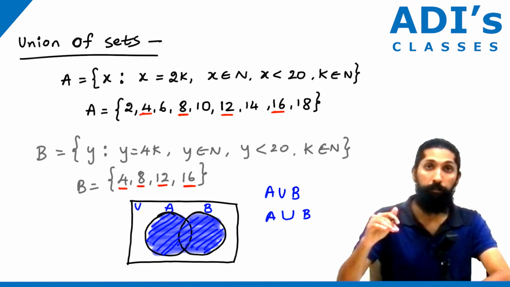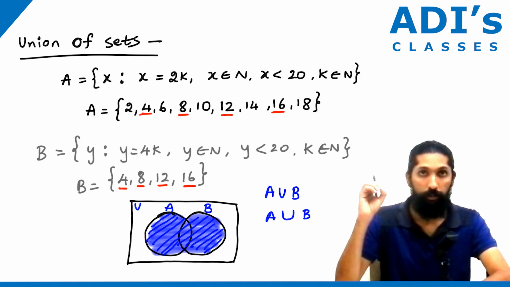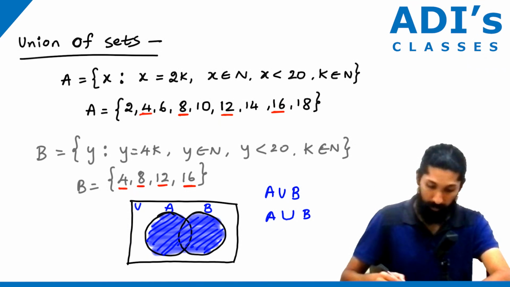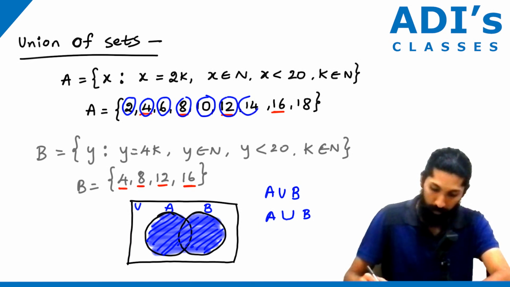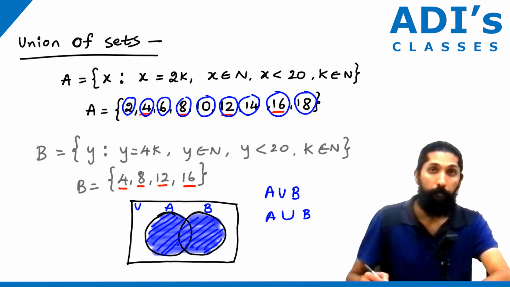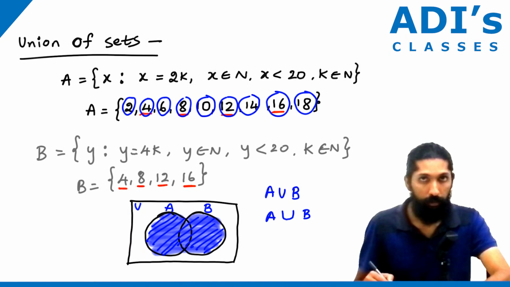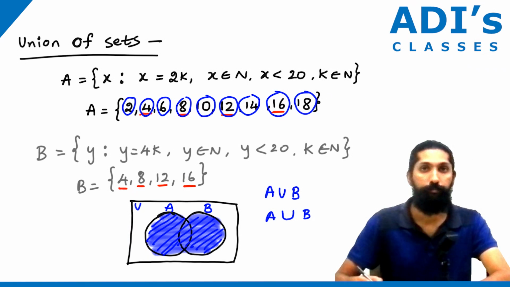Now, A union B represents every element which is there in the sets. That means we are looking at the numbers 2, 4, 6, 8, 10, 12, 14, 16, 18. Because 4, 8, 12, 16 are already repeated, we are not going to write them again.